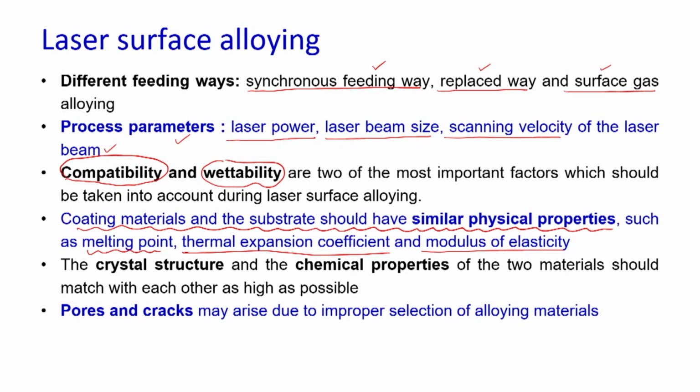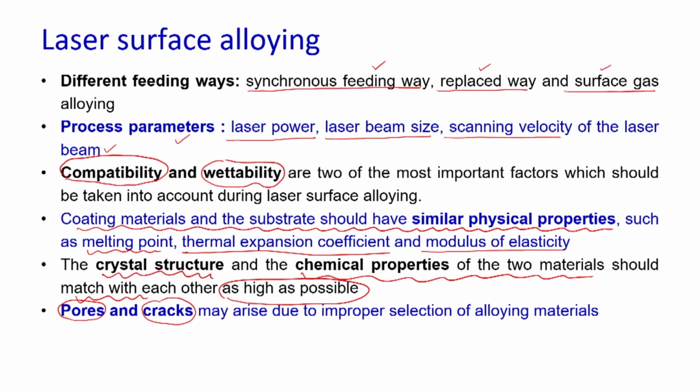They should not be exactly the same, but at least within a certain margin, say about 5%, they should be related to each other. The crystal structure and chemical properties of the two materials should also match to the maximum extent to have proper laser surface alloying. And if we do not select the material properties properly, then there is a chance of having pores and cracks during the laser surface alloying, which is quite obvious, and very similar to the laser based welding that we have already seen in our previous lecture.